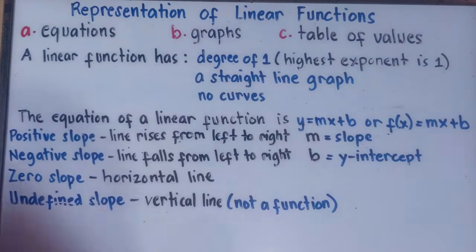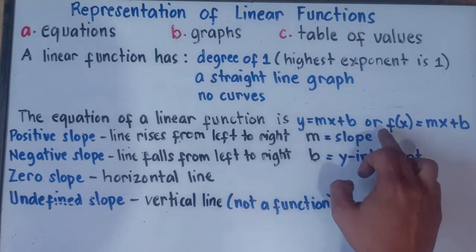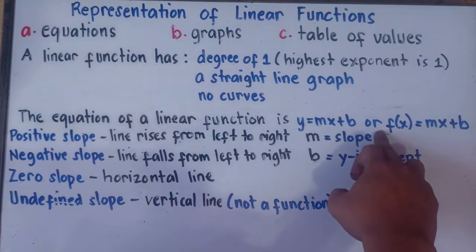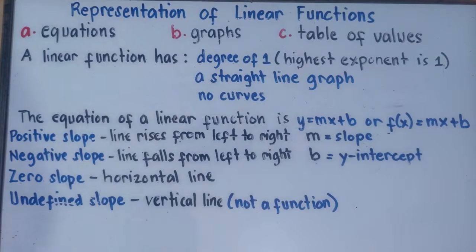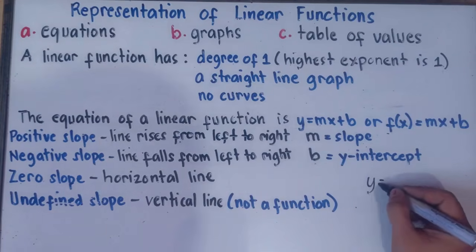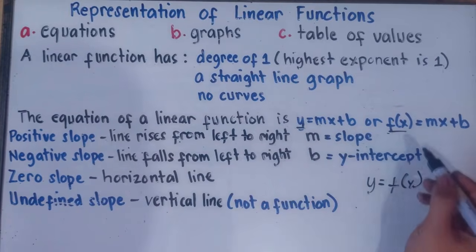Now, remember, class, the equation of a linear function is y equals mx plus b, or we can read this as f of x equals mx plus b. Therefore, we can say y is equal to f of x. Y and f of x are just the same.